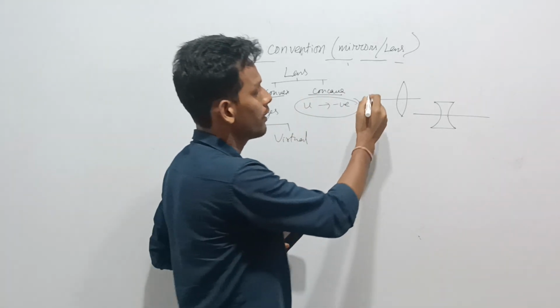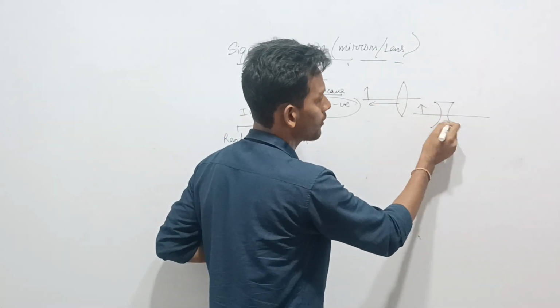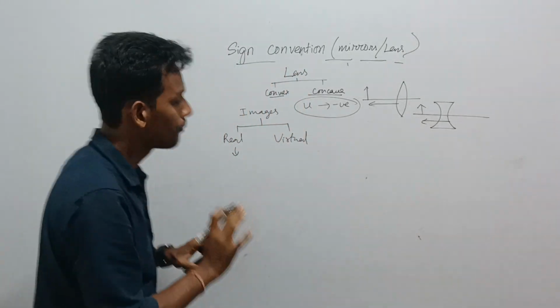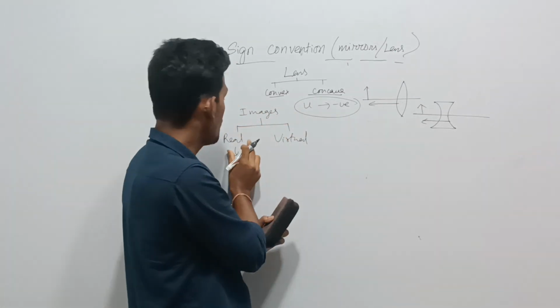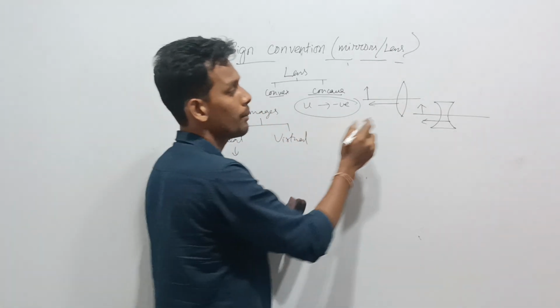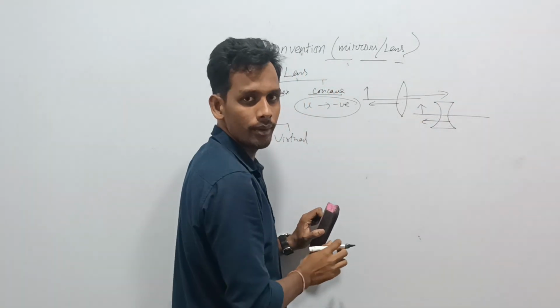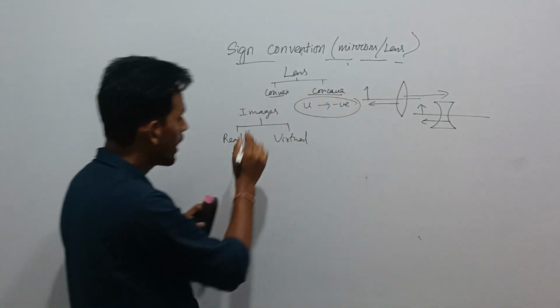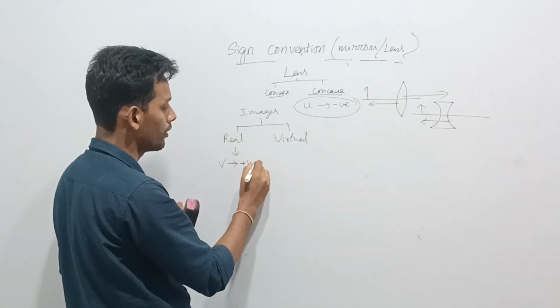Why? Because the object is always placed towards the left side. Clear? And if the image is real, you know a real image is always formed towards the right side of the lens. That's why in the case of a real image, v is always positive.